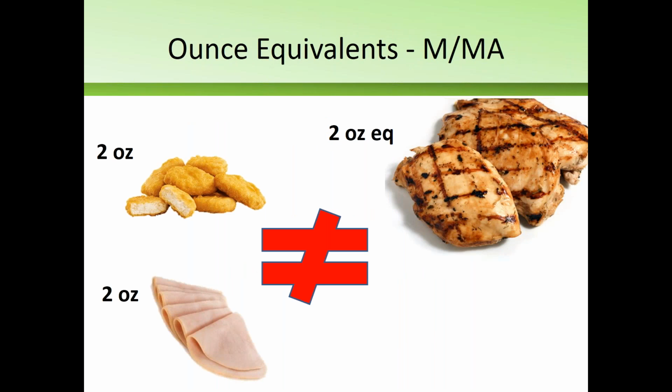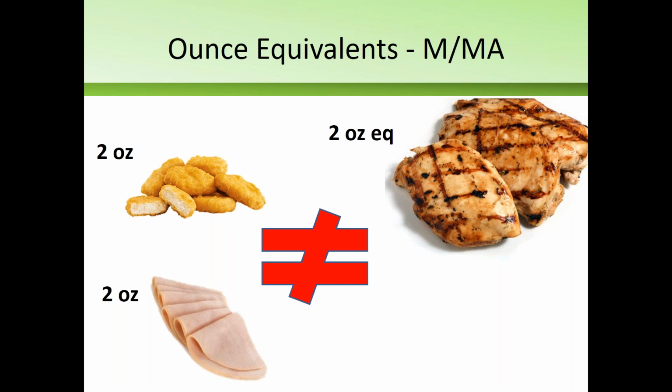So let's talk about ounce equivalents in terms of meat alternate. There are a variety of protein items offered in the school lunch program, so we use ounce equivalents as a standard to compare different products. As you can see in this picture, 2 ounces of chicken nuggets or deli ham is not going to equal 2 ounces of meat alternate.